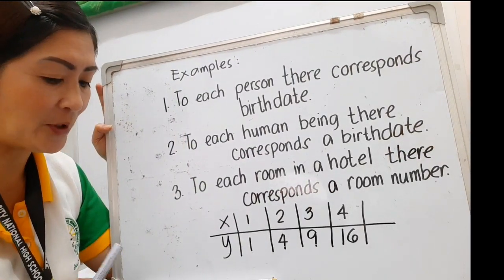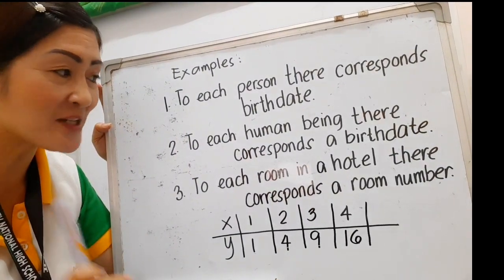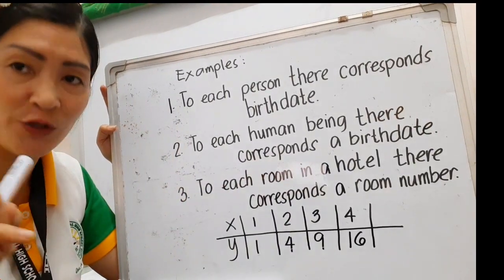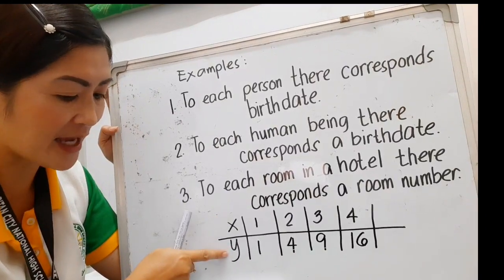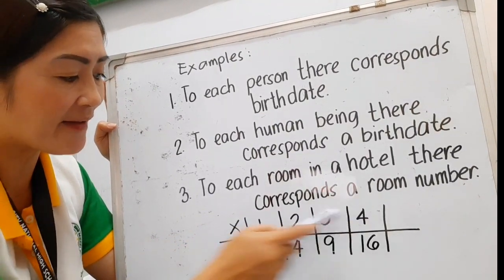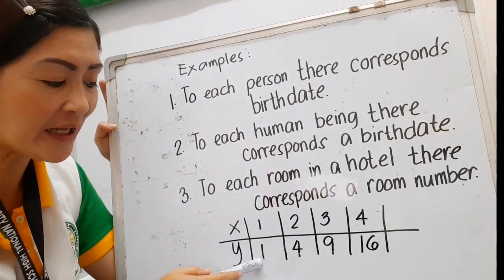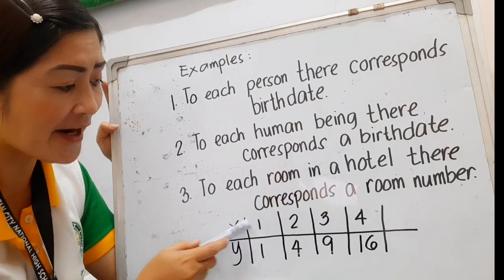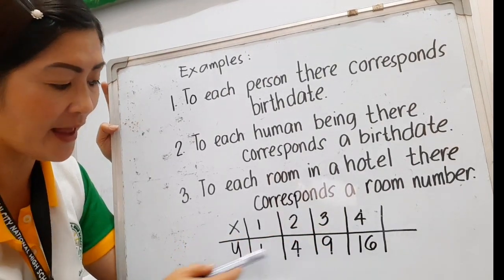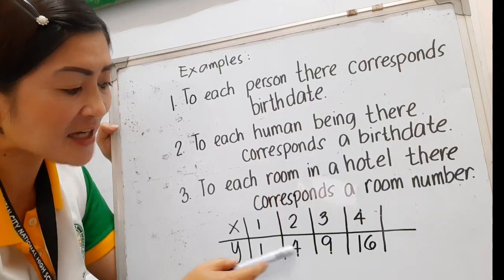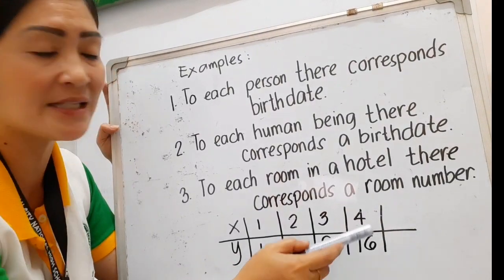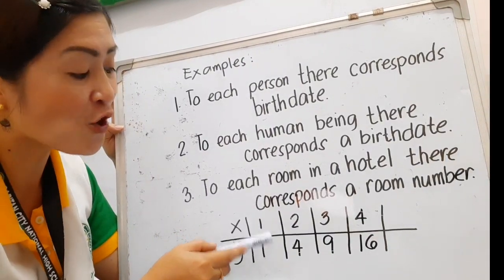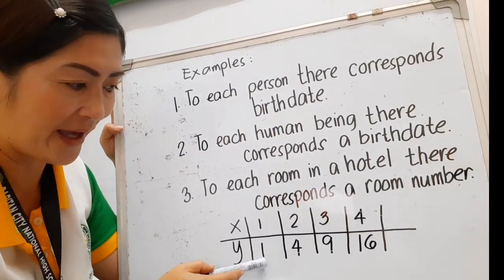So with these examples, a function is a correspondence or a mapping between two sets. We have x and y, in which each element in the set x has a corresponding element in y. For example, these x are the room numbers in the hotel, and for each room, y is the number of persons inside. So for each element in x, there corresponds a value of y.